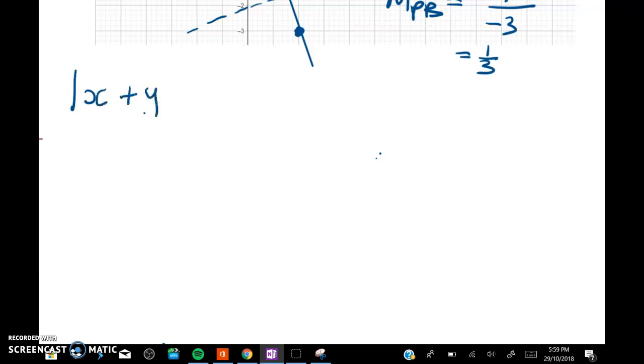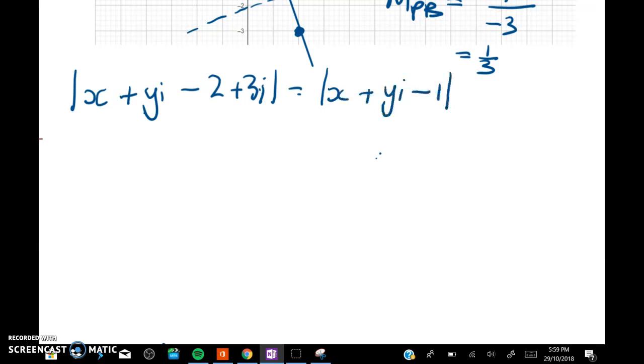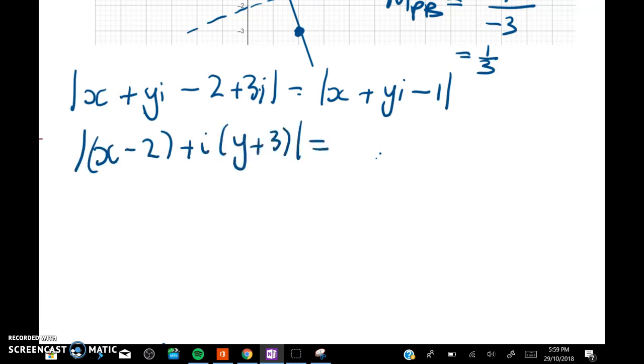So we've got |x + yi - (2 - 3i)| is equal to |x + yi - 1|. We're going to group up the real and imaginary bits. So we'll get |(x - 2) + i(y + 3)|, and that equals |(x - 1) + iy|.